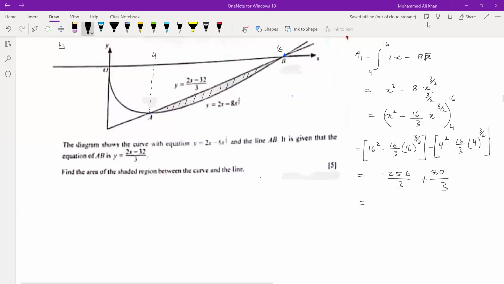So by calculating from the calculator, the final answer is minus 176 over 3. And as it is an area, we have to write the positive answer, plus 176 over 3.